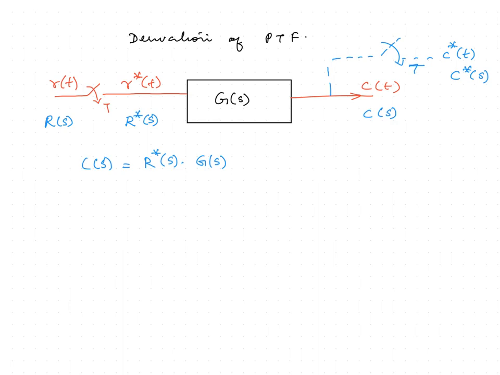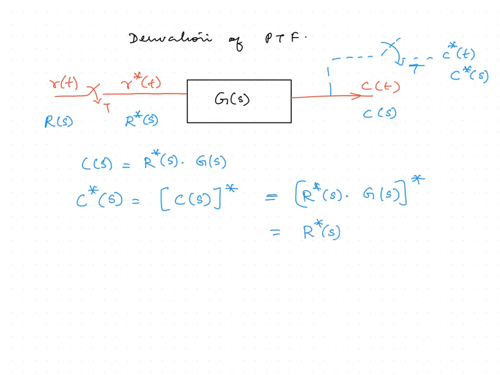But since we are interested in the relation between c star of t and r star of t, that is a sampled output and a sampled input, we need to consider what c star of s is. So, c star of s is nothing but the sampled C(s). That is equal to R star of s into G(s) star, and this is R star of s star, so that is R star into G star of s.